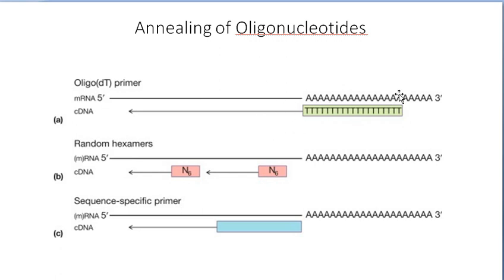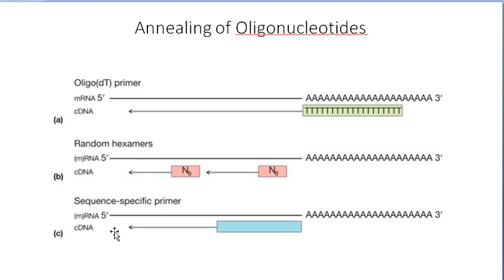So the primer we use is either one complementary to the adenine, if it has a poly-A tail, or a random hexamer primer, a combination of 6 nucleotides, and other than that we also have the sequence specific primer. This is when you know the sequence.